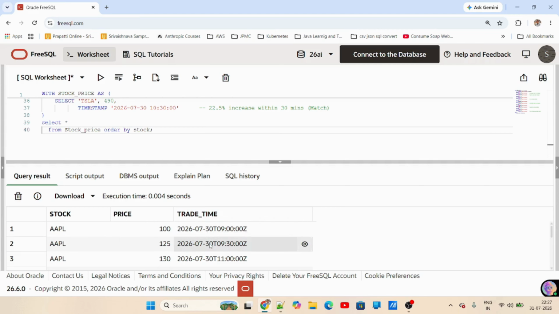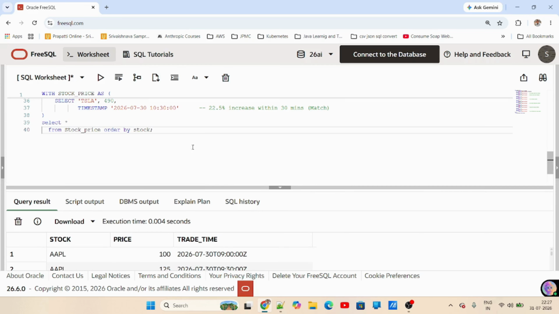First of all, the trade time should be within a 1 hour window. After that, if the trade time was within 1 hour, then what was the previous price and what was the new price? And if the difference is more than 20%, then we will mark it as okay, this stock has increased by more than 20%. So let's start with this.